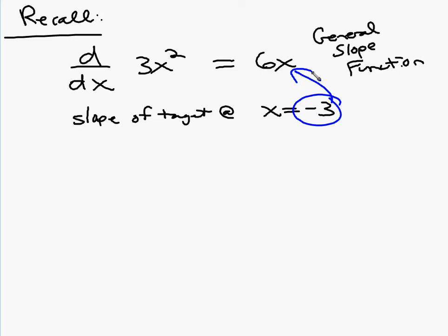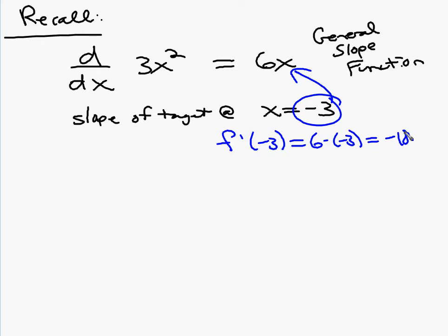For example, f prime of -3 would be 6 times -3. It'd be -18, for example.